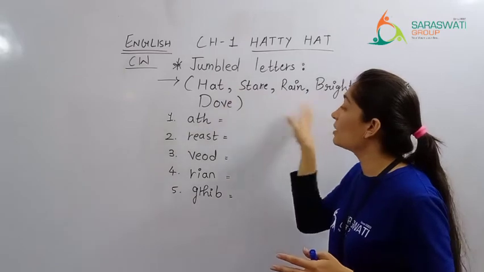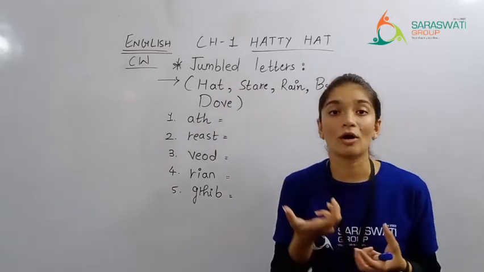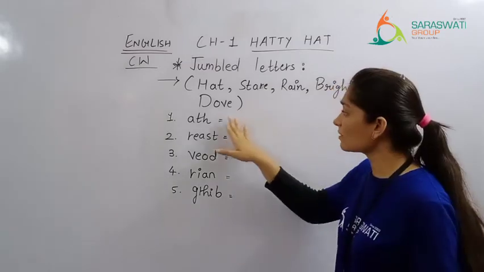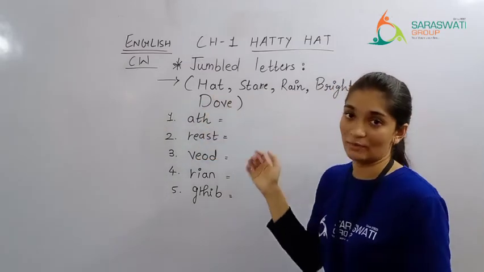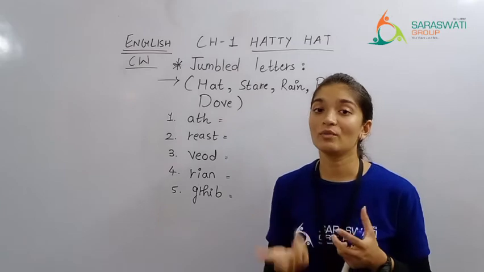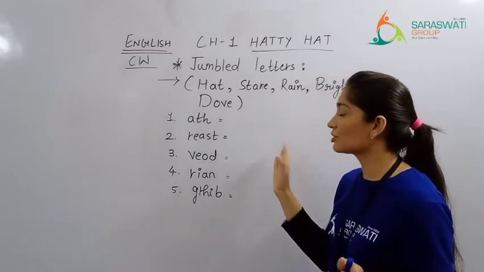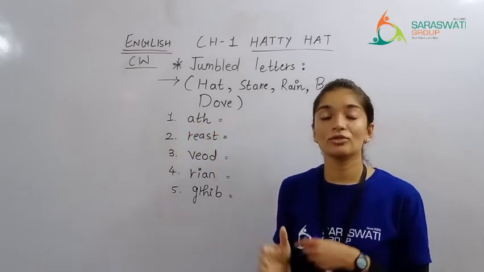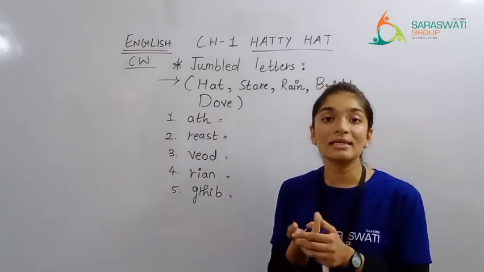With the help of the bracket you are supposed to form or frame a word, right? So jumbled letters are given to you, and with the help of the bracket you form a word. For example, if we take this one, you are supposed to count the letters given in that word.